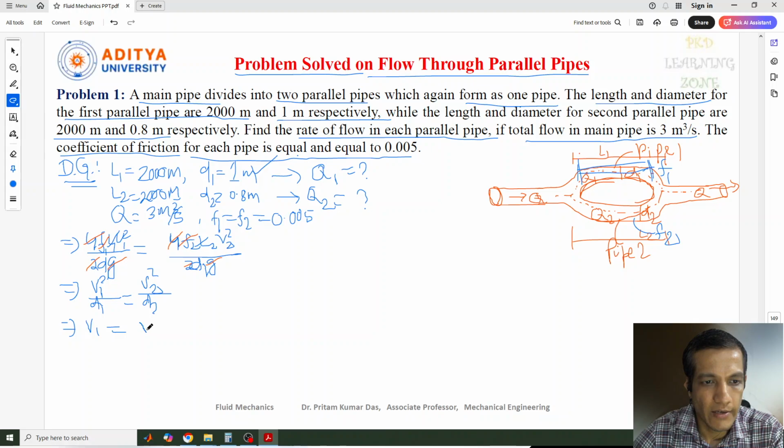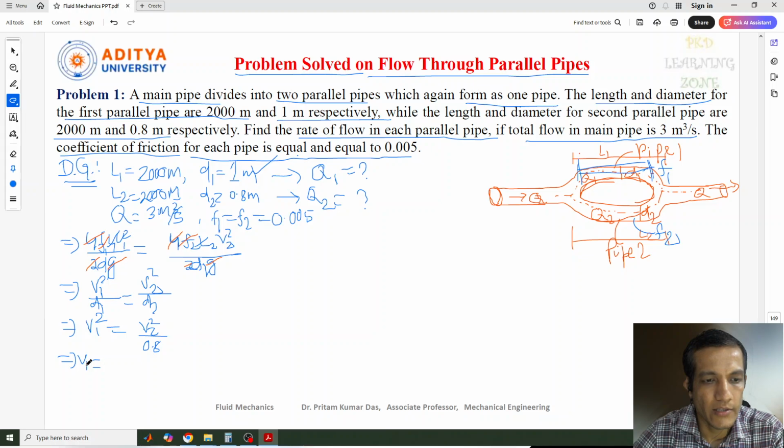So I can write V2 square divided by 0.8 equal to V1 square. I can find out the value of V1 or V2, anyone I can do.